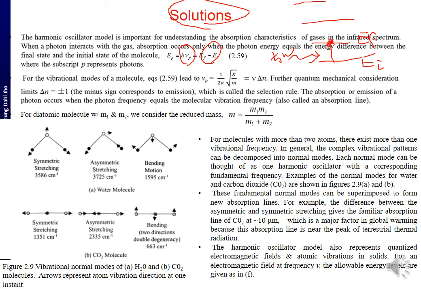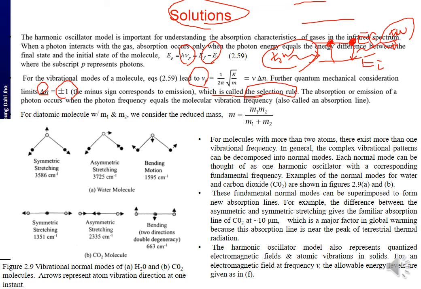Their energy separation is the incident photon energy. For the vibration modes of a molecule, the equation leads to the frequency being mu multiplied by delta n. It is absorption, but there could also be emission. The original state could be higher, and it goes down to emit light. So depending on whether it is absorption or emission, delta n could be plus or minus 1.